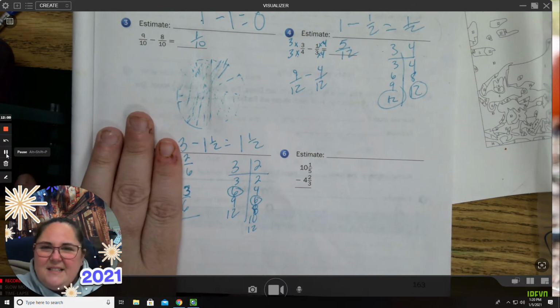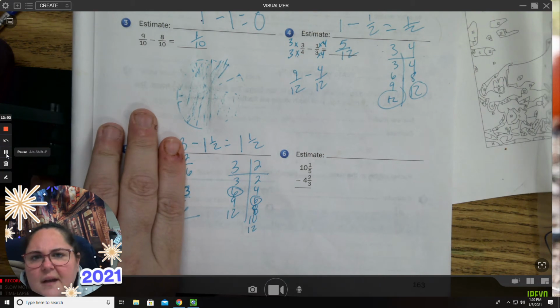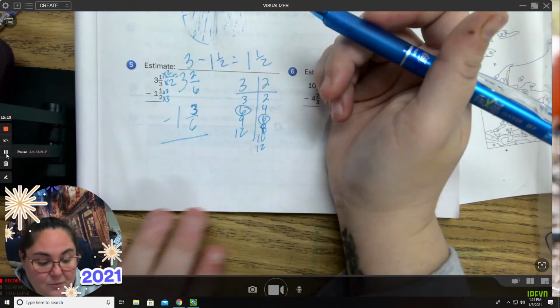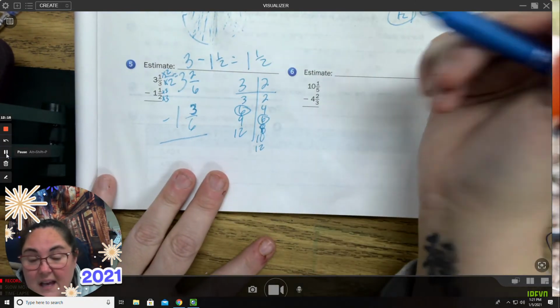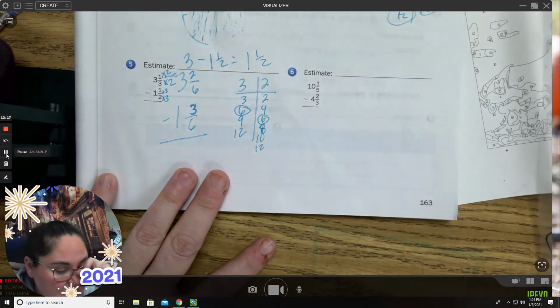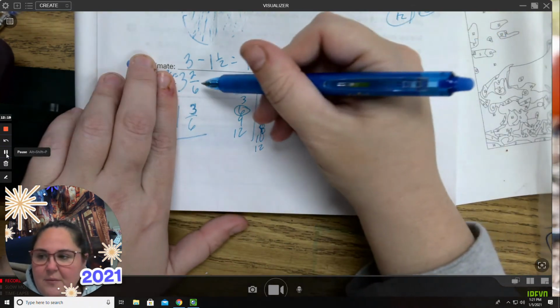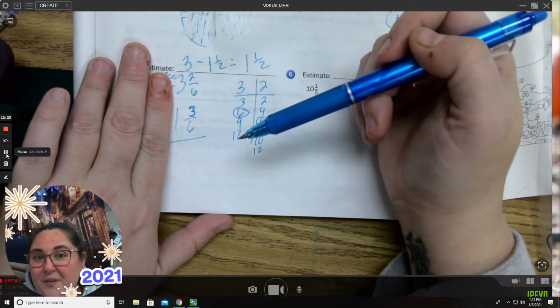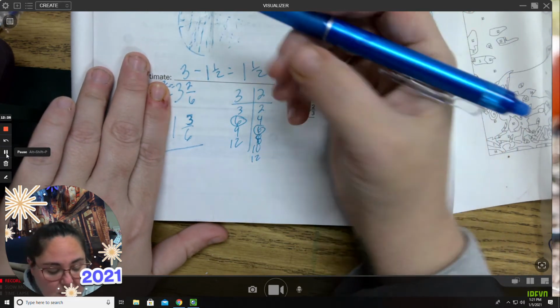Can I subtract 2/6 minus 3/6? Nope. I'm going to have to borrow, so I'm going to have to rename. When I rename this, I'm actually going to rename it this time again, and I know that I did that with the last one, but I want to really show you how to do that. To rename your fraction, we're going to do them as improper fractions, all of them. Okay, so we're going to do the MAD method.